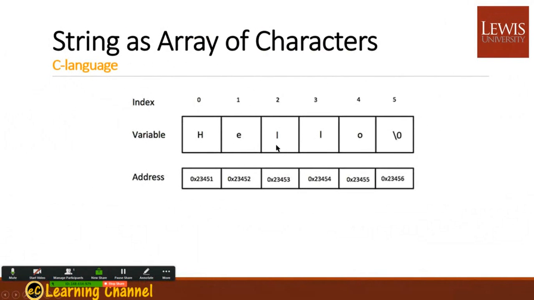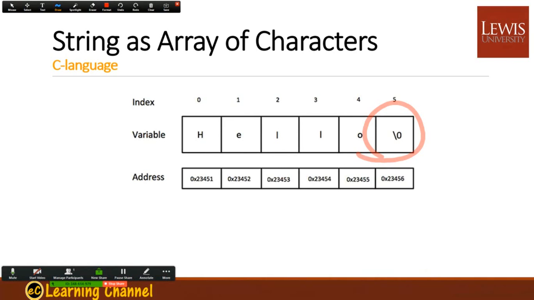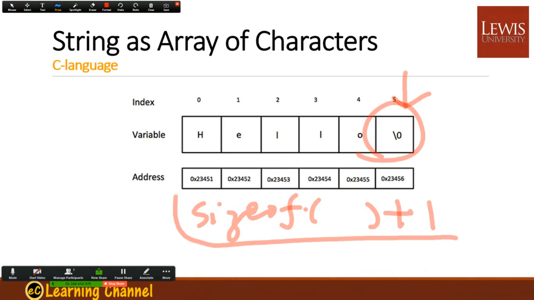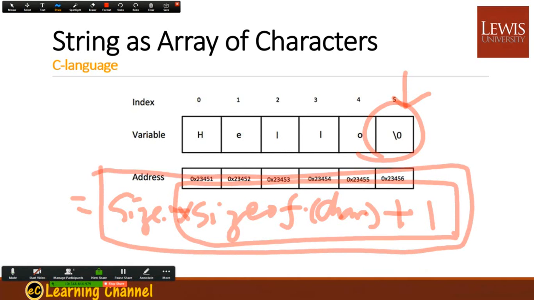A string as an array of characters is how it works in C language, and at the end we need to have \0. But if you use the sizeof function, it is not included. So usually when you allocate the memory, you need to use something like this times the size, in order to get the right estimation of how much memory area you need to reserve for the array of characters in C language.